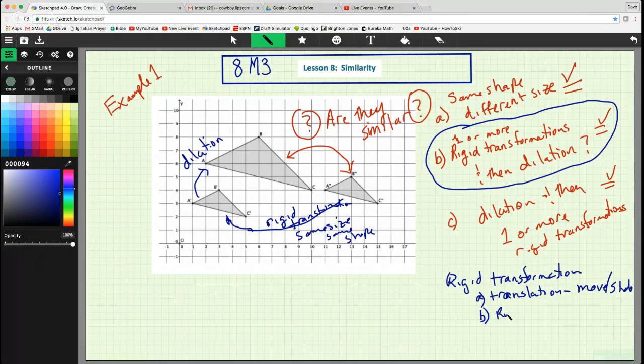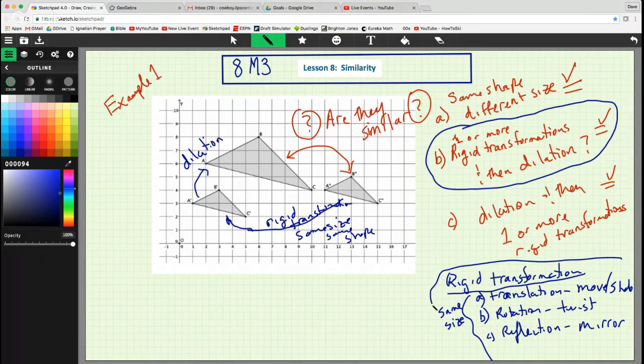B is a rotation, that's a twist. And then C is a reflection, which is a mirror. Right? These are our rigid transformations. And these all keep it at the same size. None of these things change the size of the object, nor the angles. It keeps the same angles.